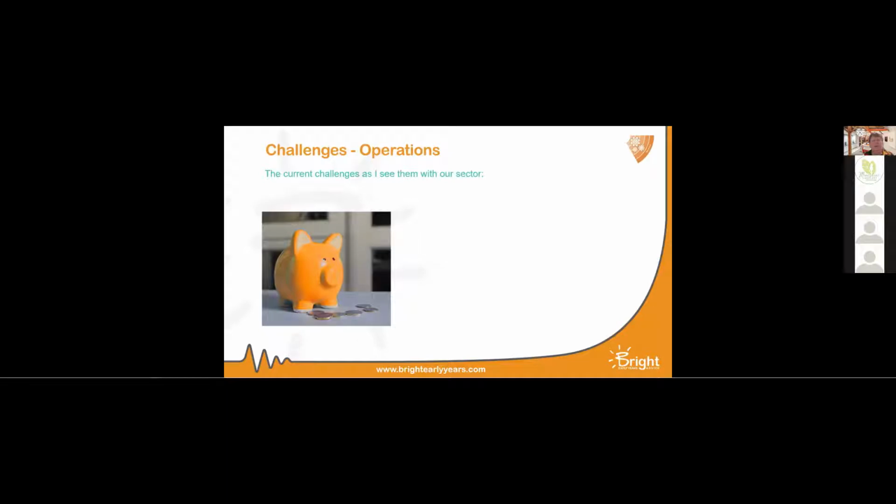So let's have a look at some of the challenges as I see them at the moment within our sector, within the operations area. So I think ensuring that we can deliver the same consistent service to our families every day is really important, especially if we're moving away from the business. That's quite a critical factor.